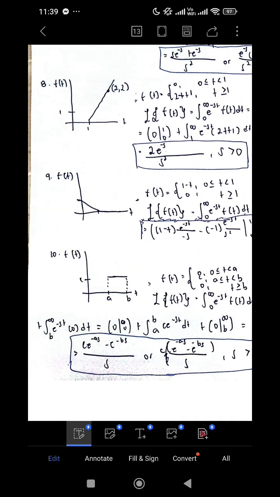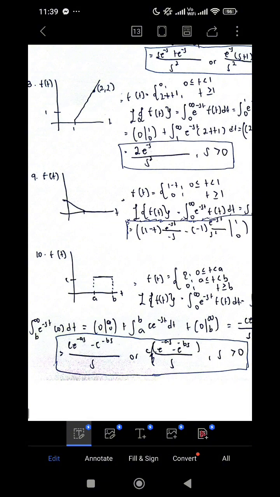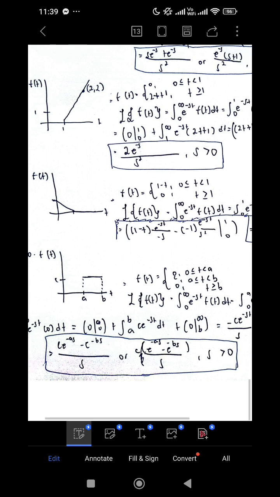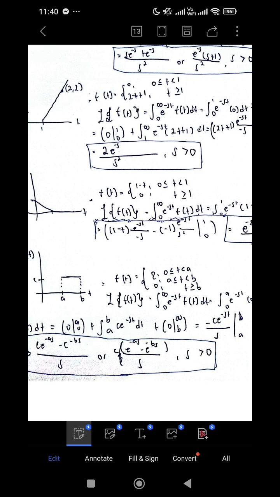Then the final answer is going to be c parenthesis e raised to negative as minus e raised to negative bs, over s, parenthesis close, and s is still greater than 0.